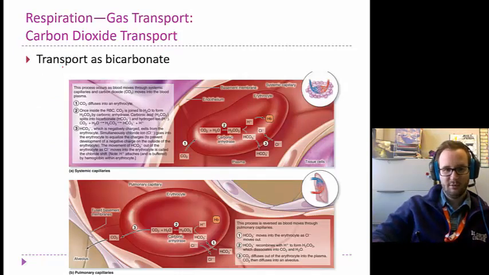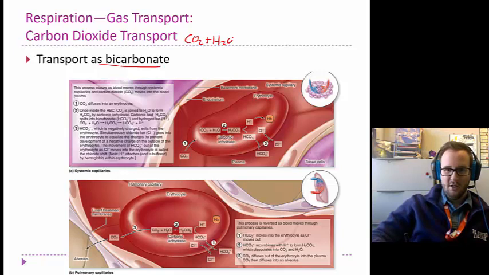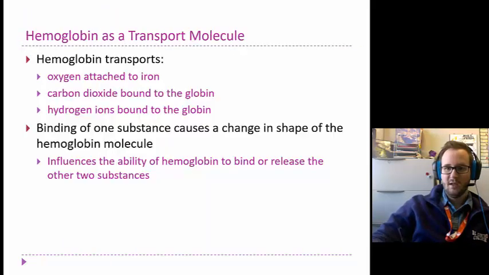That 70% that's transported as bicarbonate enters into a chemical reaction. Whenever carbon dioxide interacts with water, it undergoes a reaction that ends up producing carbonic acid, which will dissociate into hydrogen ions and bicarbonate ions.